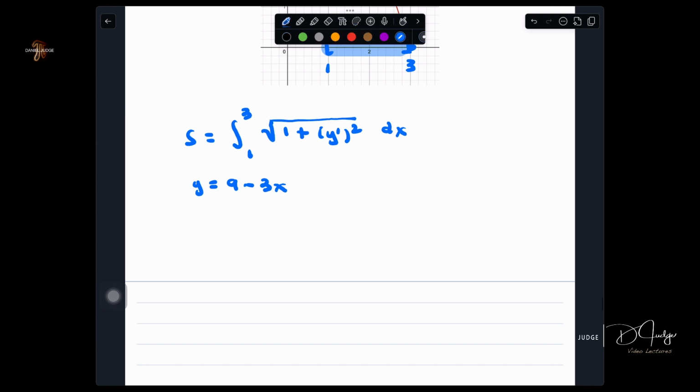Okay, so y prime is going to be the derivative of 9 minus 3x, which is going to be negative 3.